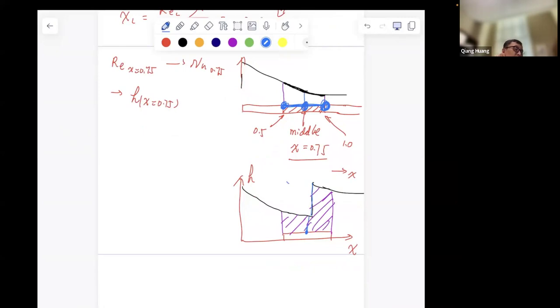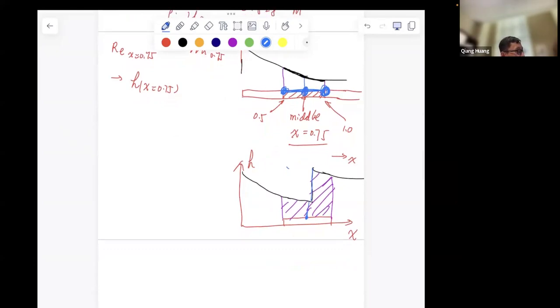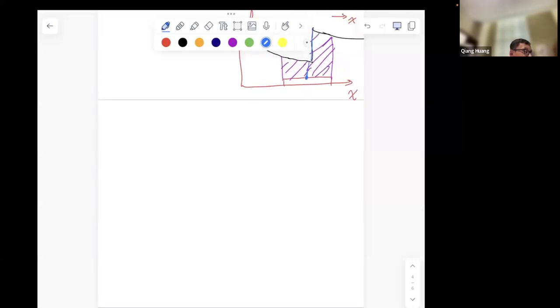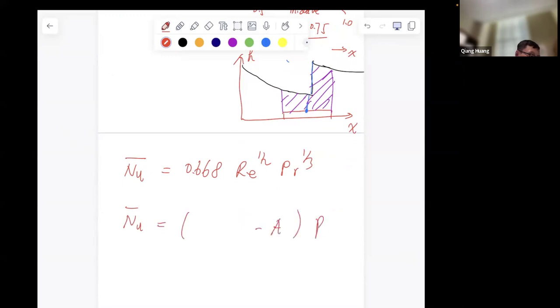And then there's one more student who actually explained his thought. I also put a second type of solution, a second method approach, in my solution. So if you want to use the average Nusselt number from the table, for example, it is this, right? And the other one equals a very complicated expression.